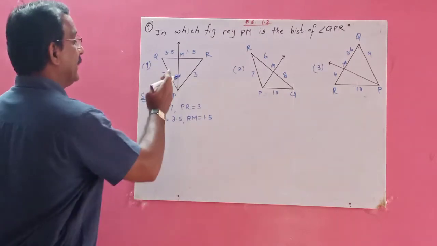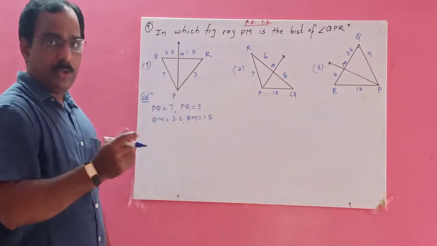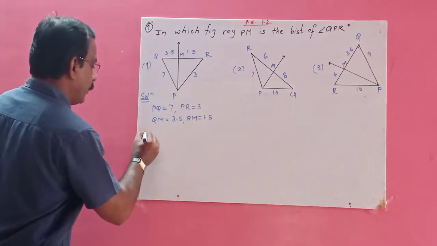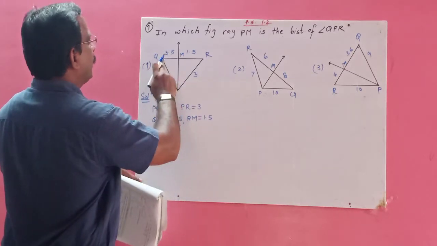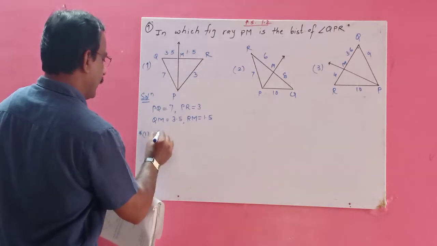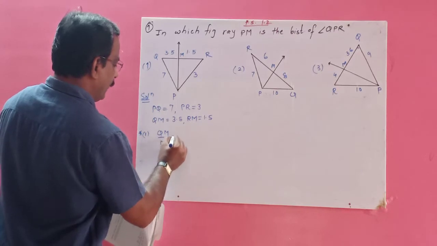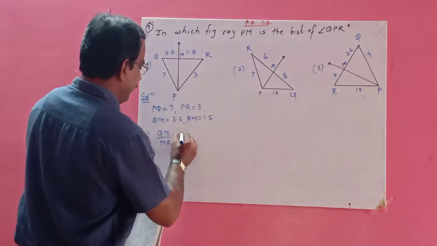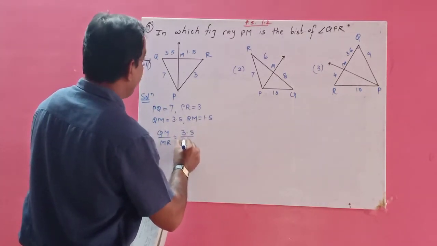Now to find out whether this ray is a bisector of this angle or not, we will find two ratios. Point number 1, find the ratio of QM upon MR. QM is given 3.5 and MR is 1.5.